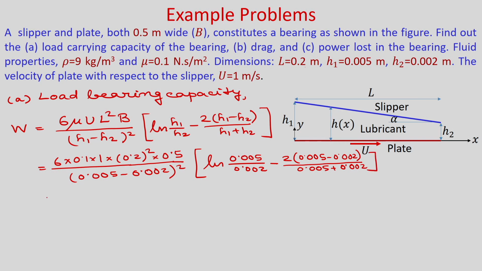So, now if you do the calculation, you will get 0.012 divided by 9 into 10 to the power minus 6, into 0.9163 minus 0.8571. So, you will get 78.93 Newton. So, next we need to calculate drag and the power lost.